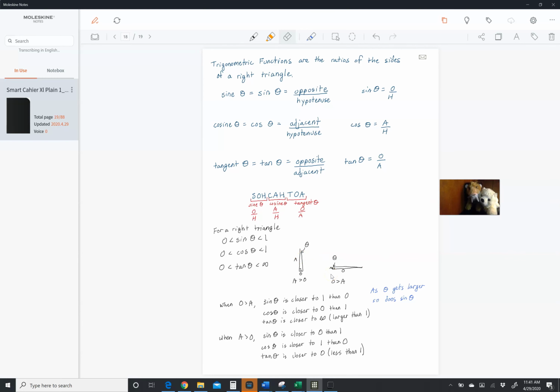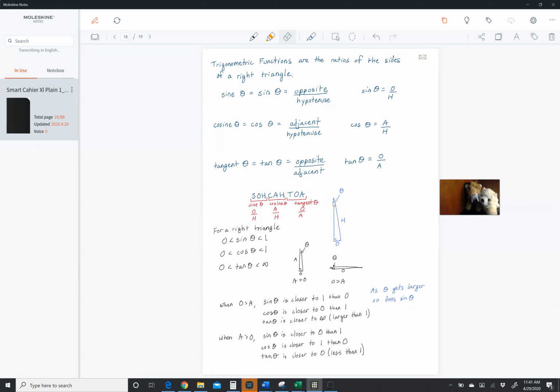Okay, let me redraw this as a bigger triangle. So here's opposite, here's hypotenuse. Okay, so here our opposite is small and our theta is small.